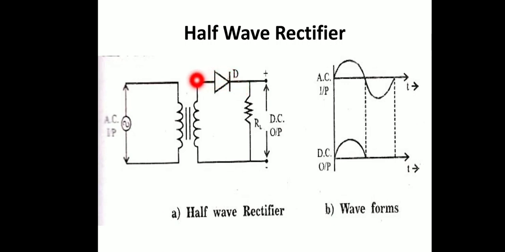We already know that current is only allowed from anode to cathode direction, not in that direction. Cathode to anode current cannot be allowed. So reverse bias does not allow electric current through it.